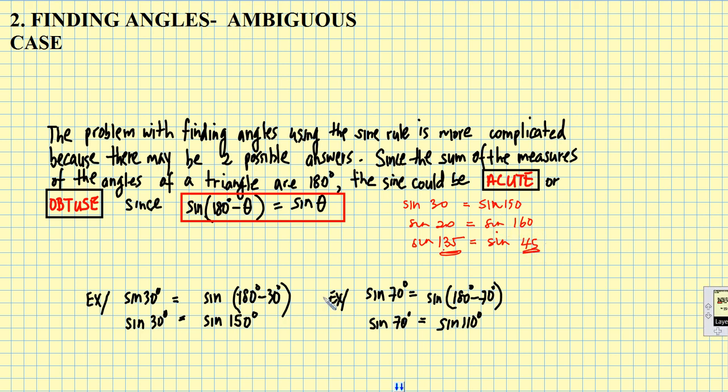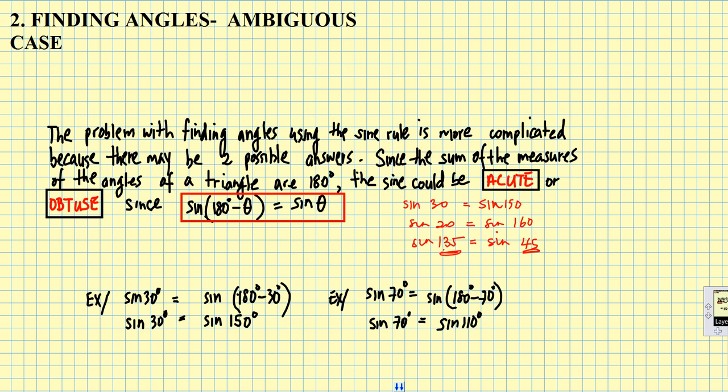All right, so here are the examples that I just showed you. Sine of 70 equals the sine of 180 minus 70. The sine of 30 equals the sine of 180 minus 30, which equals 150, and so forth. Okay, so now when I'm finding the measures of angles using the sine rule, I need to be clear on the fact that the sine of the angle, which is a ratio, could be giving me an obtuse angle, or it could be giving me an acute angle. The answer that we normally get in our calculator is always the acute angle.